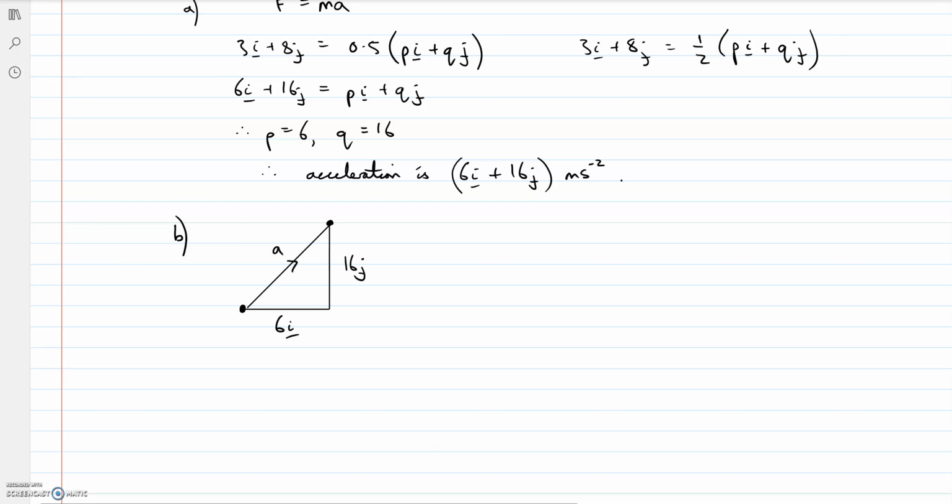So the magnitude is just Pythagoras. Get the absolute value. So the magnitude of the right angle triangle here, we know that the hypotenuse is the square root of 6 squared plus 16 squared. So we've got 36 and 256, isn't it?